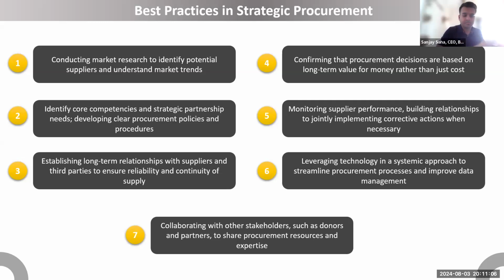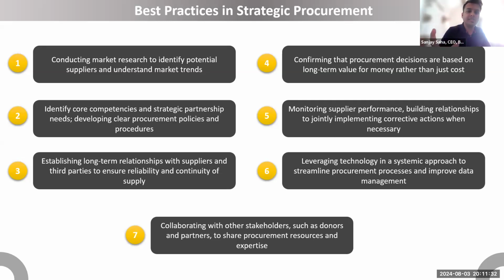So let's learn it from the perspective of best practices, and then I will explain why I'm calling them also strategic options. So number one, conducting market research to identify potential suppliers and understanding market trends. Now that is a strategic option as well, because you may choose not to conduct market research because you already have all the information.